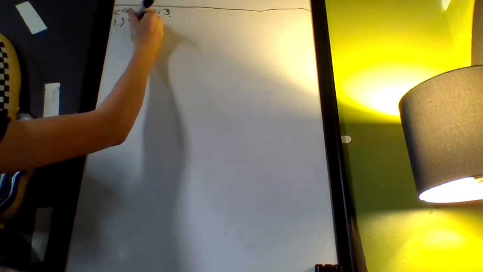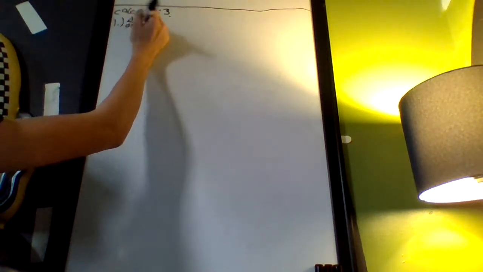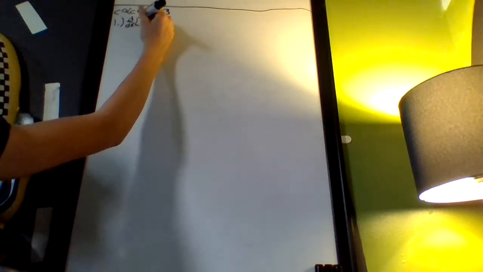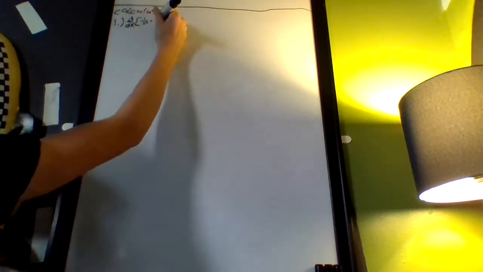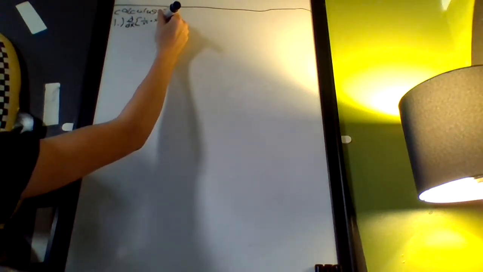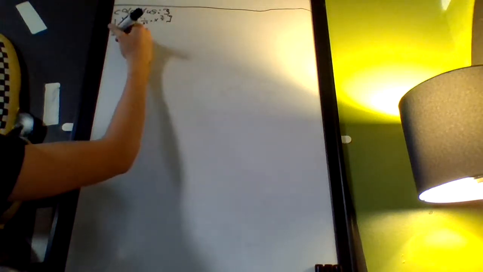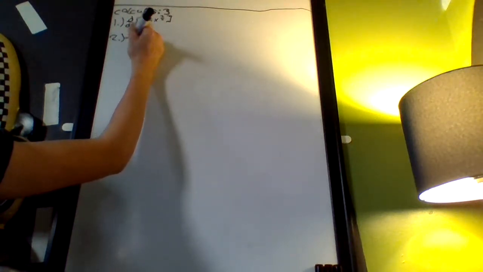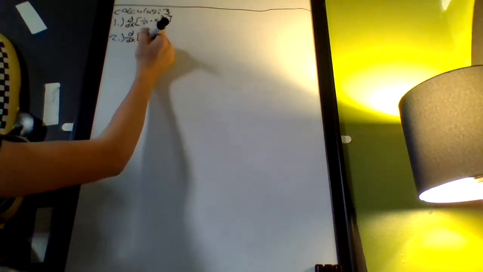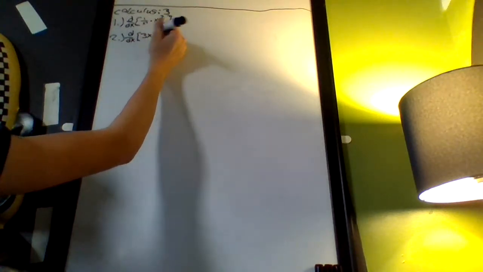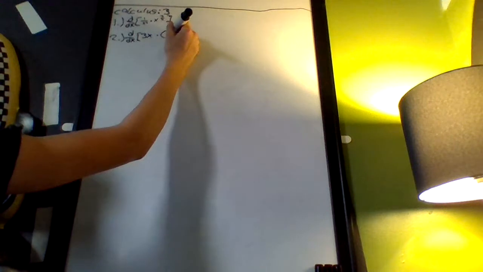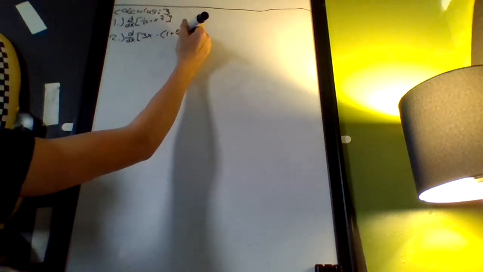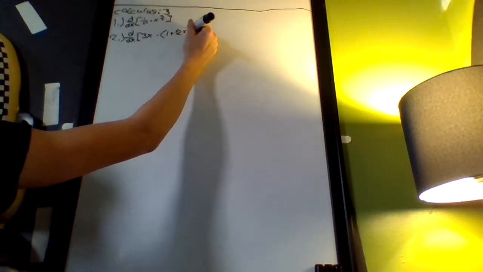What is the derivative of, say, 1 on x squared times x to the 3/2? Number 2, what is the derivative of 3x times the quantity of 1 plus 2x plus 1?